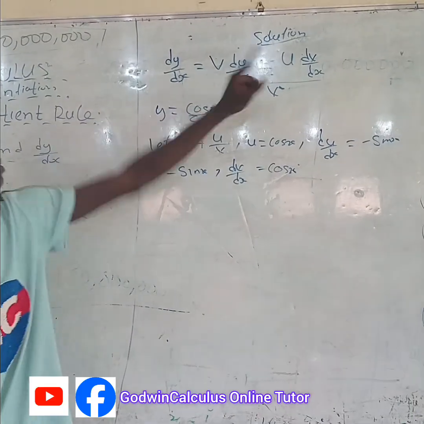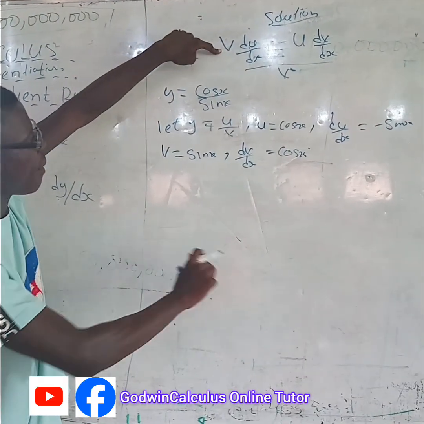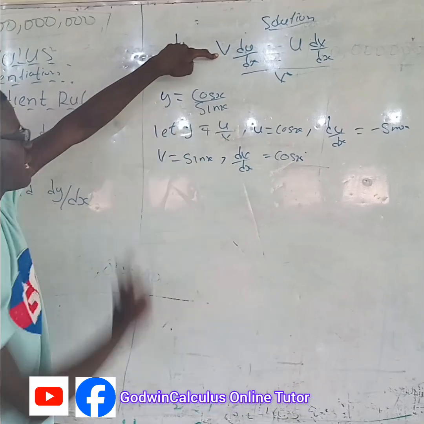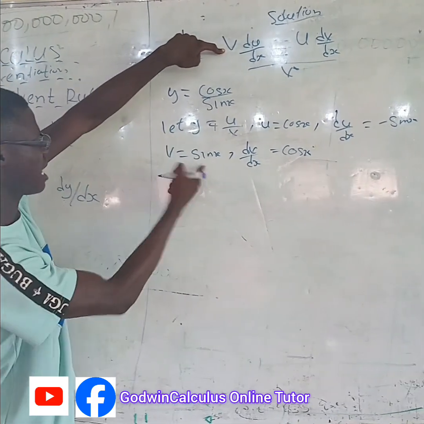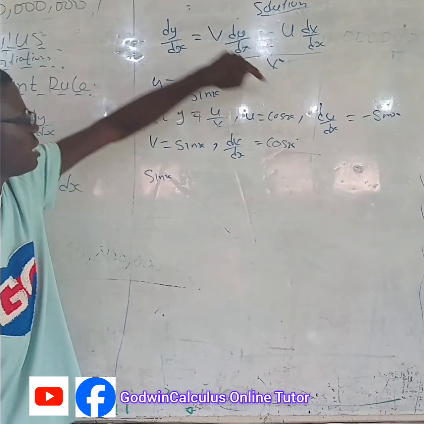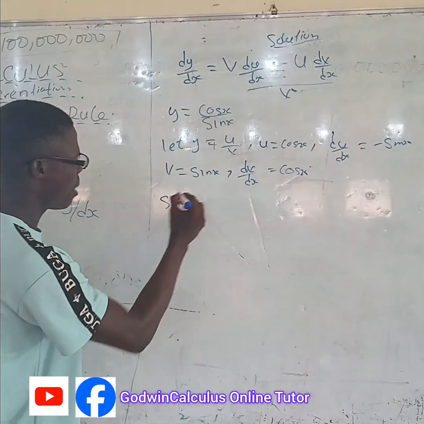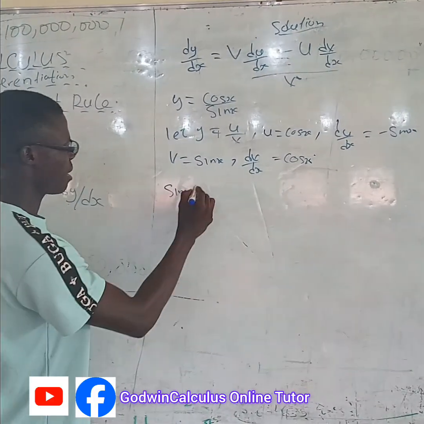Now, we are going to substitute into the quotient rule formula. Our v is sin x. The du/dx is minus sin x. Because of this minus, let me put it in brackets.